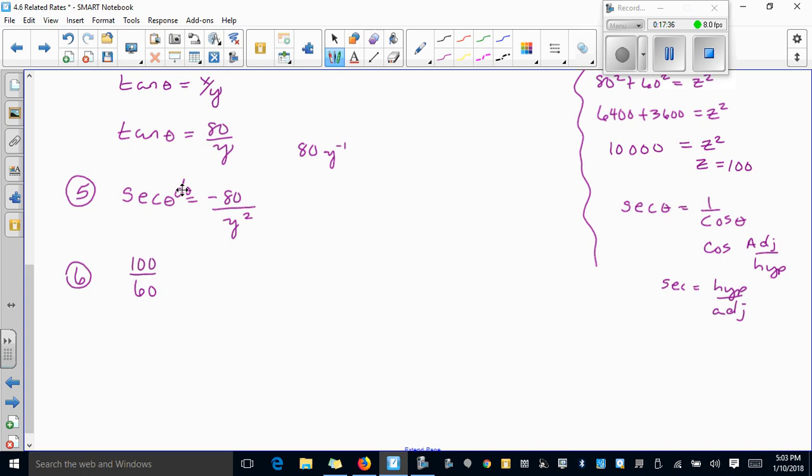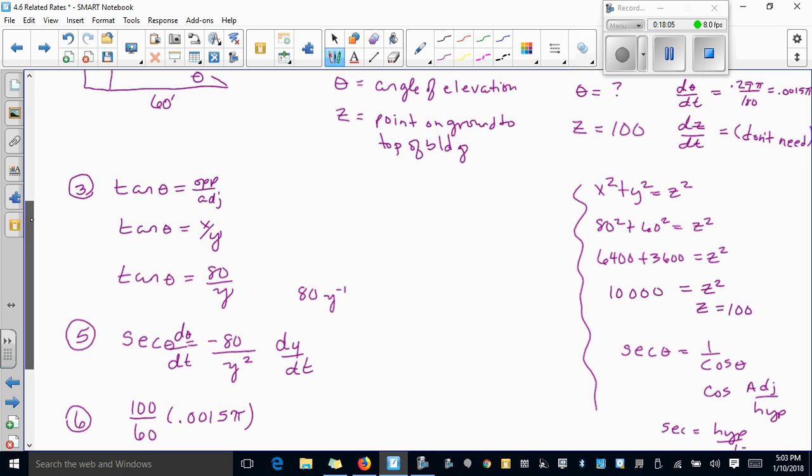My d theta dt is 0.0015 pi. We can come up here so you guys can look at that going, oh yeah, there it is. Equals negative 80 over y squared, which is 60, dy dt. dy dt is what we're looking for. How quickly is my angle decreasing?